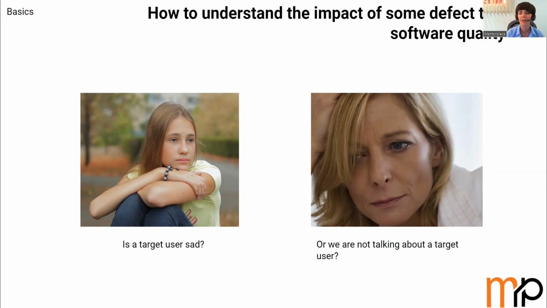So if we have a defect that has an impact on our particular target user groups, and we know it, we should think about this defect as a defect with the highest priority.